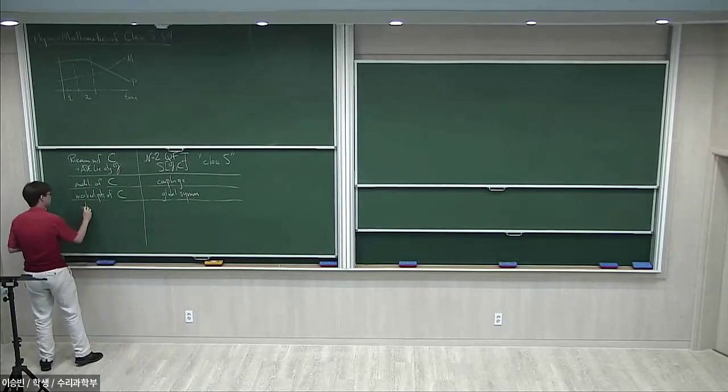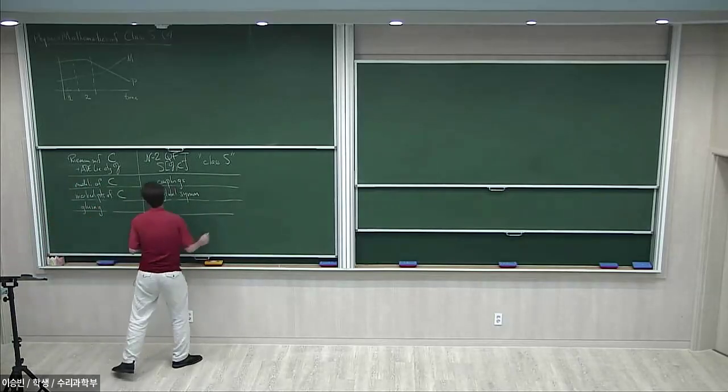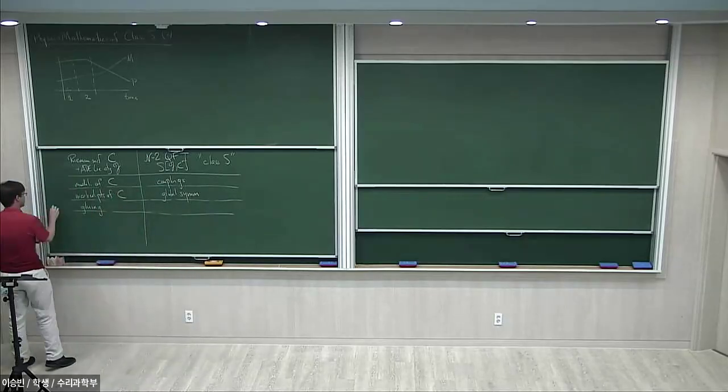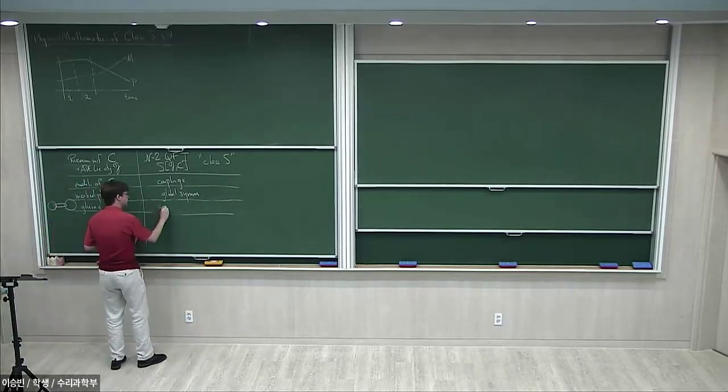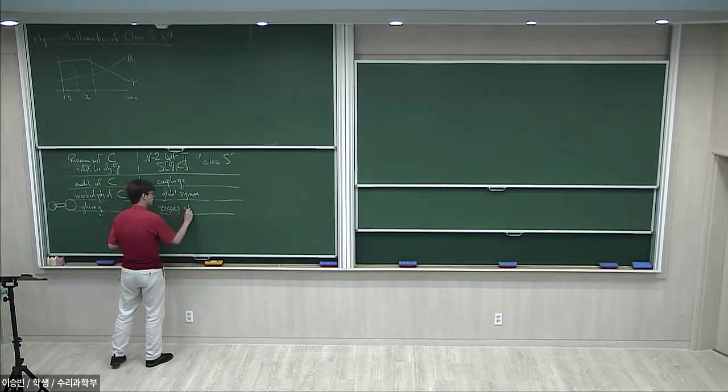I told you that gluing, if you have two surfaces and you glue them together with a tube, that corresponded to gauging some subgroup of the global symmetry.